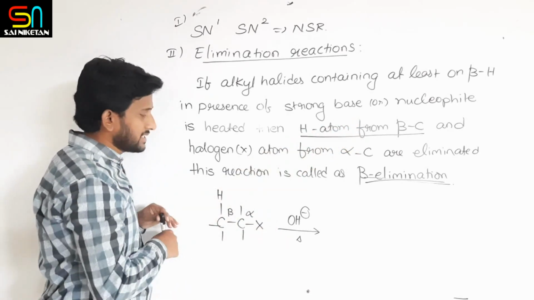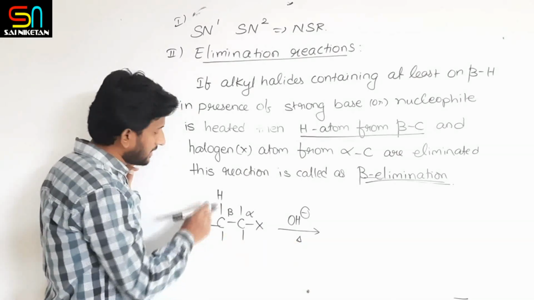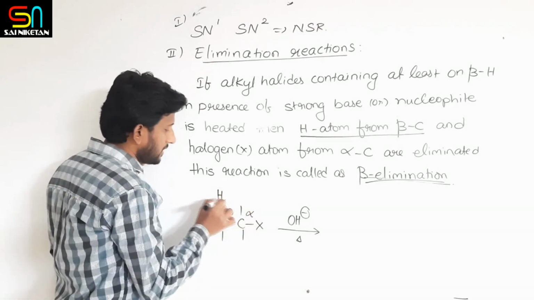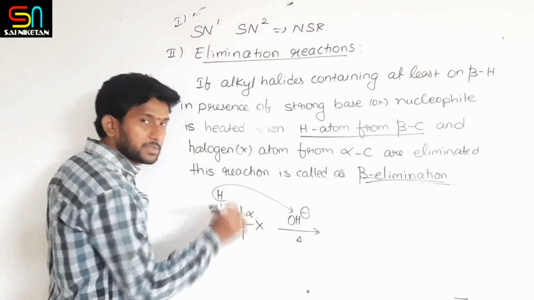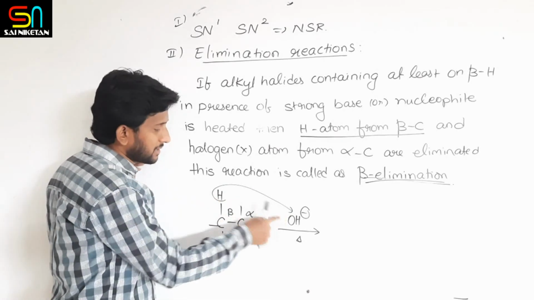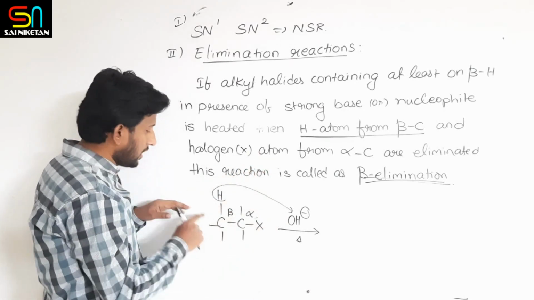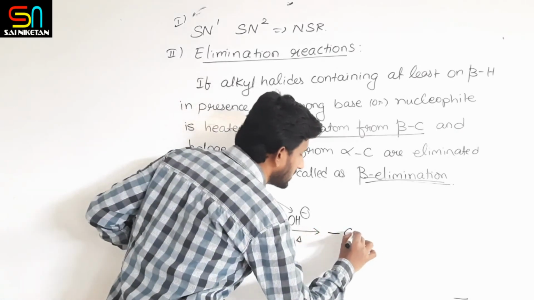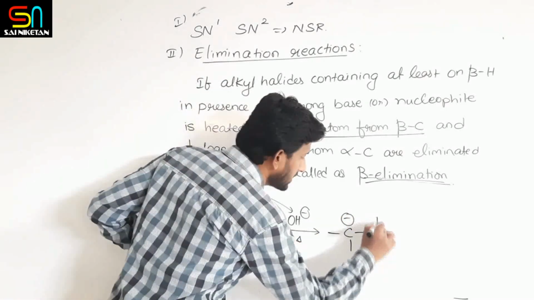Okay. Now what is happening in this process? If you are heating any alkyl halide that contains at least one beta hydrogen, hydrogen atom is removed and also halogen atom is removed. Let us assume the hydrogen atom, that is H plus proton, is taken by OH minus. The bond pair of electrons remains on the beta carbon. That means the beta carbon now becomes a carbanion, right?